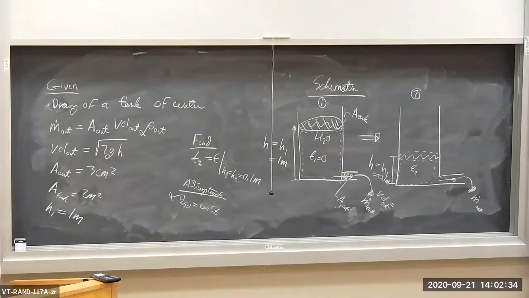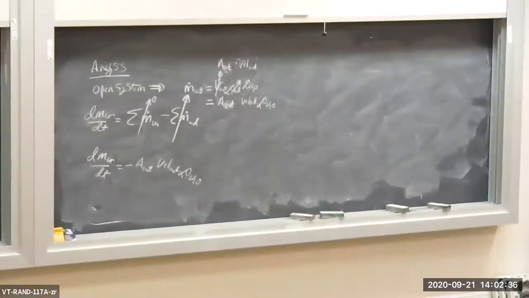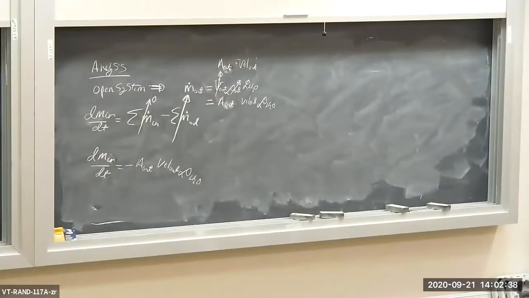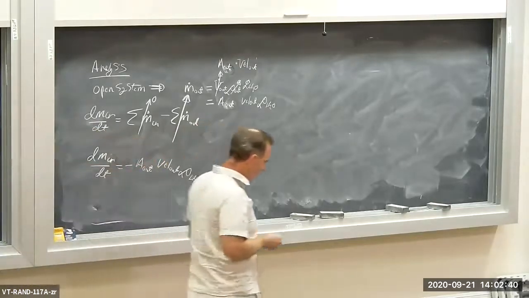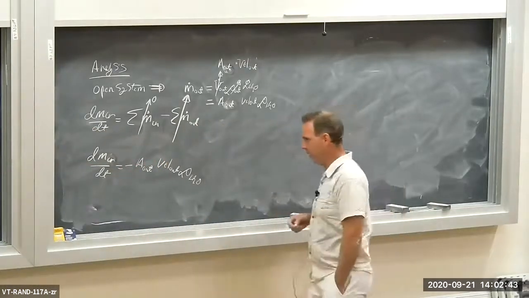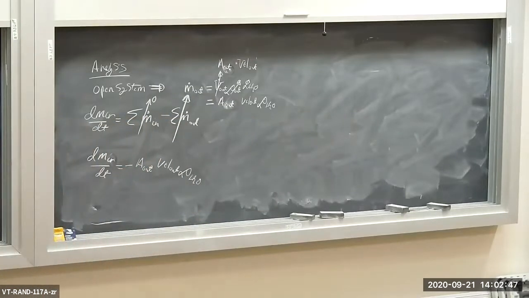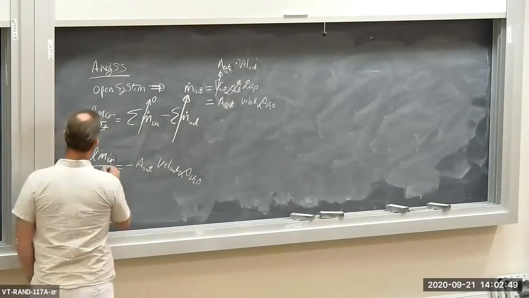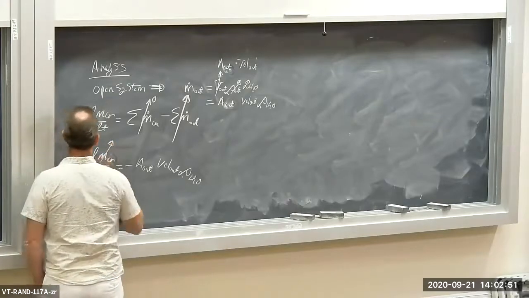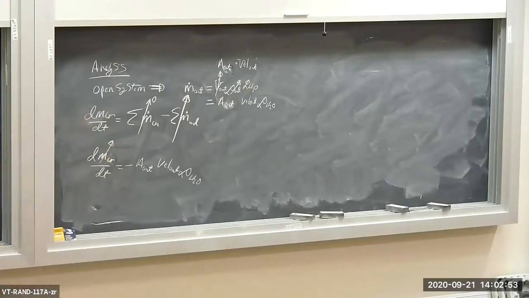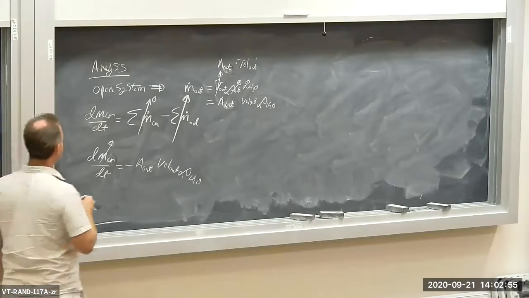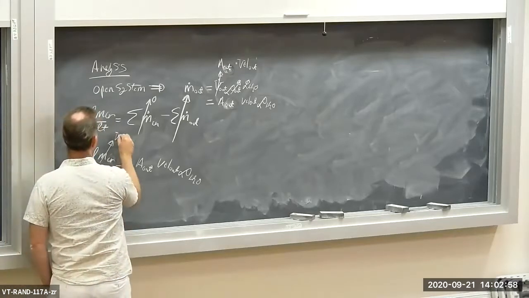Okay, so I'll write up my first assumption there. Now, what is the mass of H2O in my control volume? Well, that's going to be equal to the volume of the tank times the density of the H2O.